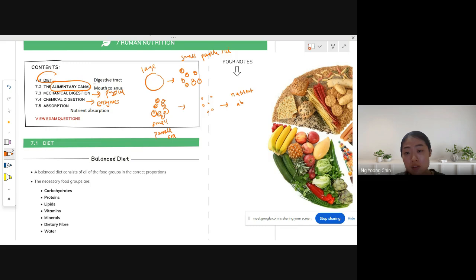Nutrient absorption by intestine villi. So this is what is meant by chemical digestion.